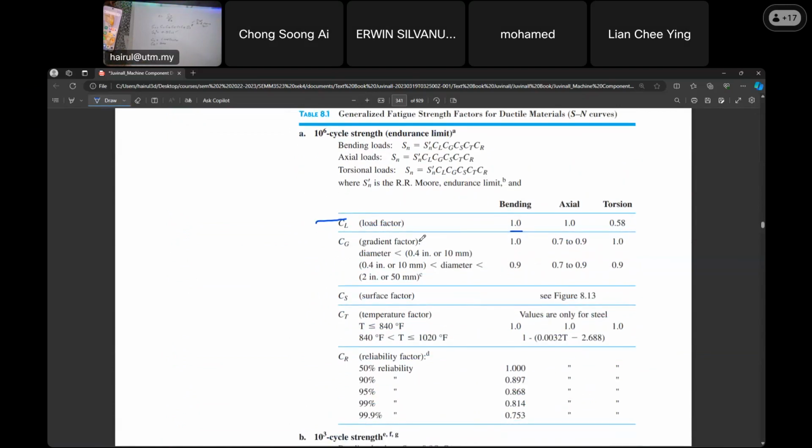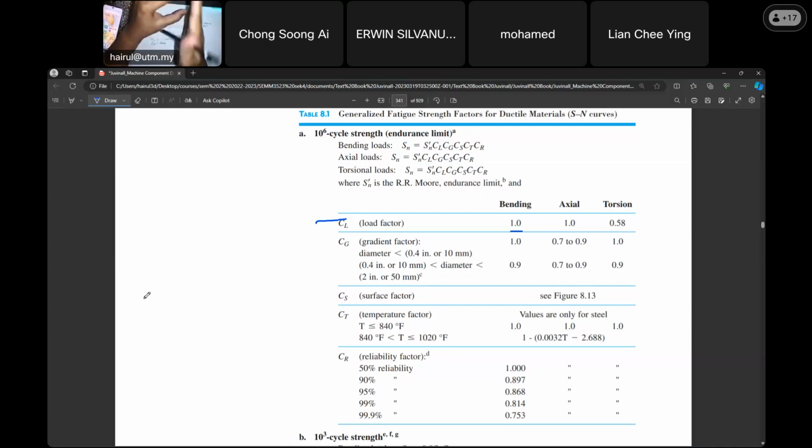For example, if you look at the gradient factor in Table 8.1, it is mentioned in terms of diameter. Most of the case for our fatigue analysis, mainly we focus on shaft, so it will be diameter. When you design or are given the shaft in your assignment, the diameter is given at the point where you have the critical bending moment.